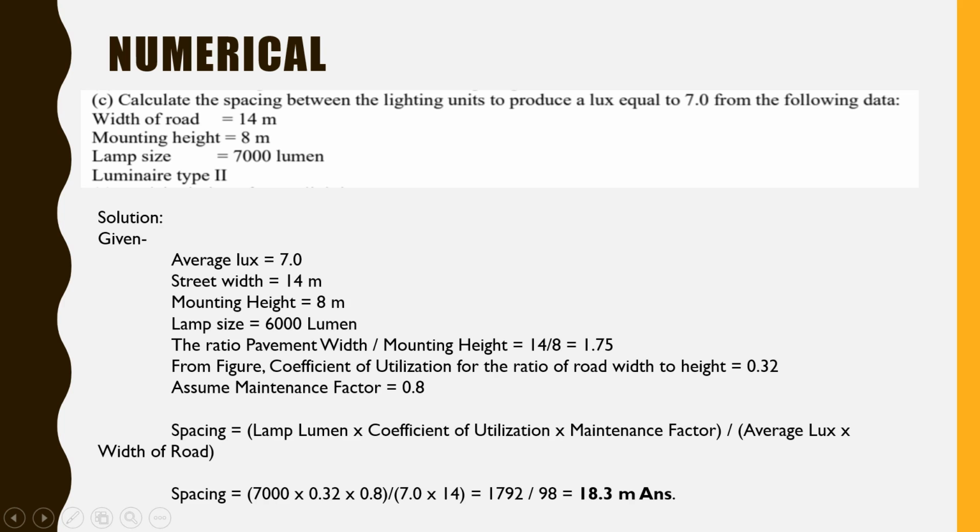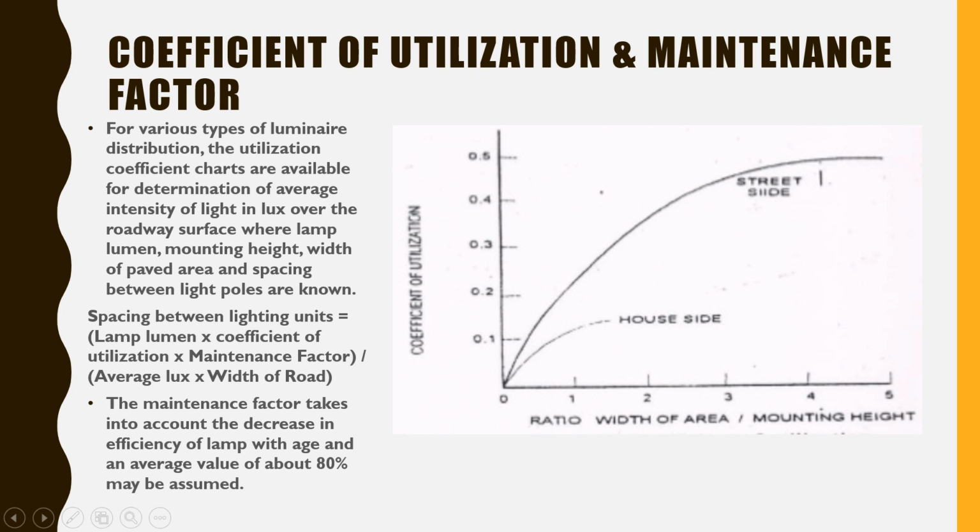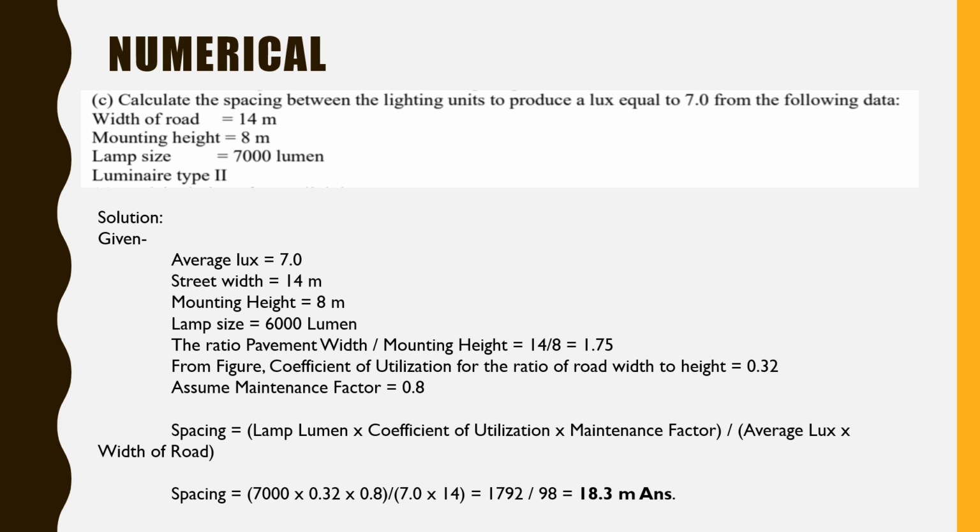Now the ratio of pavement width by mounting height is 14 by 8, that is, pavement width is 14 meters and mounting height is 8 meters, and you get 1.75. From the previous figure, at 1.75 on the street side, the coefficient of utilization will be approximately 0.32. So here it is written 0.32.